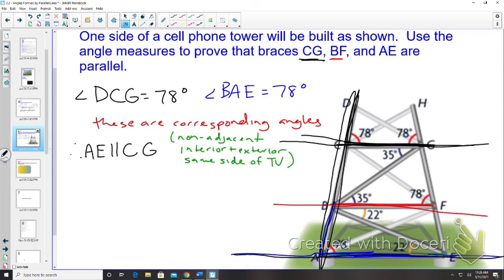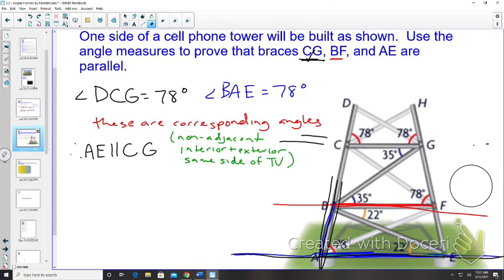Okay, so we are proving that CG, BF, and AE are parallel. Well, we just checked that AE and CG are parallel, right? Yeah. But what about BF? We have to figure something out about BF. Okay, so I'm going to erase these lines again, just to clean up our diagram a little bit.